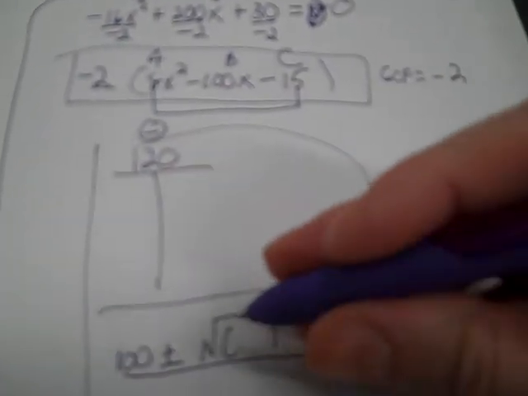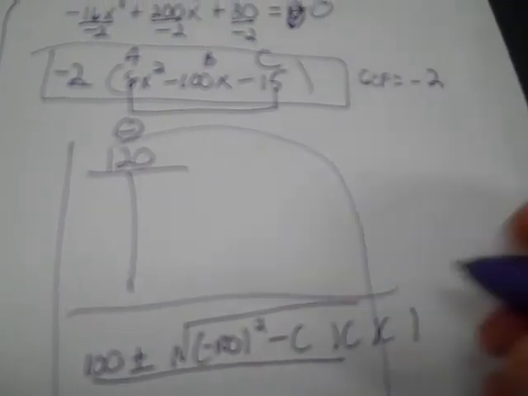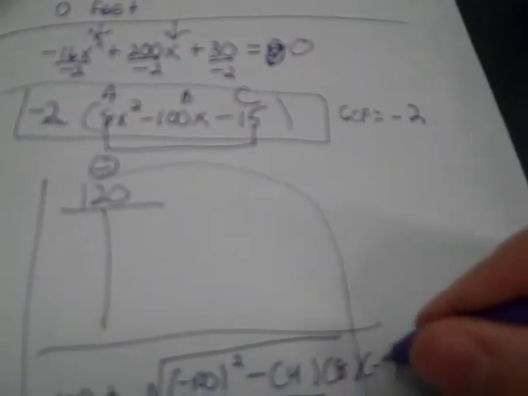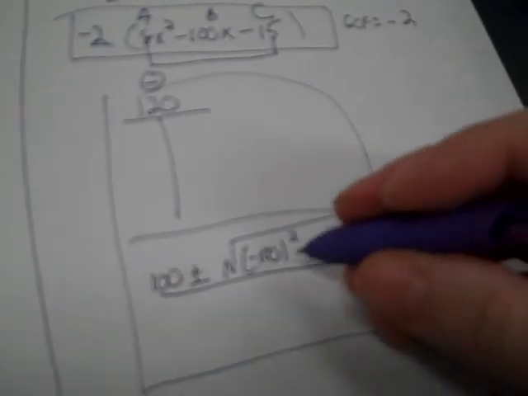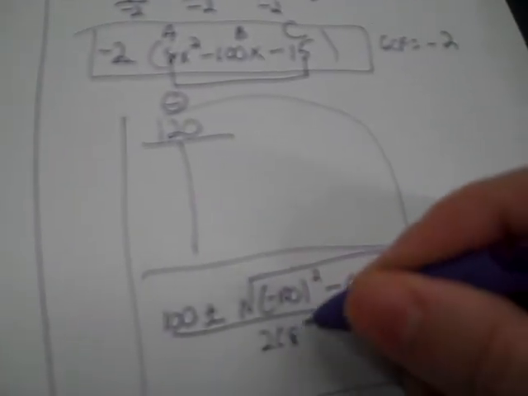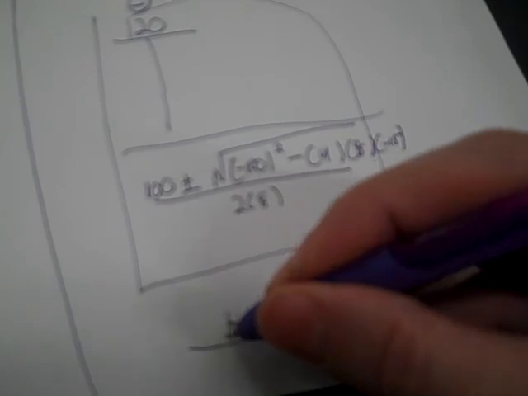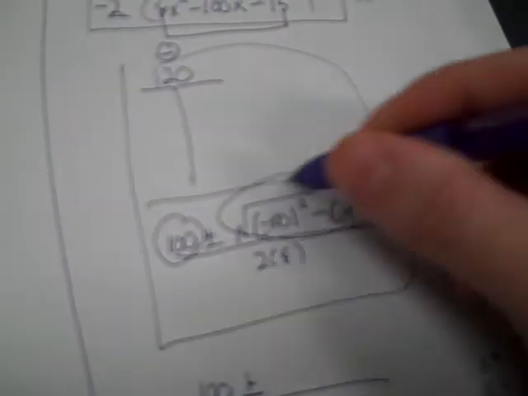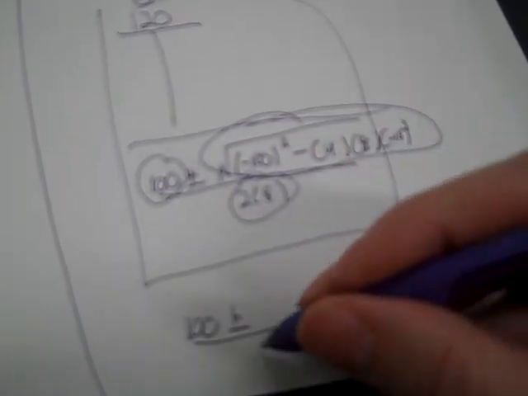Okay, so b is negative 100, and then 4, a is 8, and c is negative 15. Then I'm going to have 2 and 8. Okay, so I know I got the 100. Square root I'll figure out in a second, and 2 times 8 is 16.